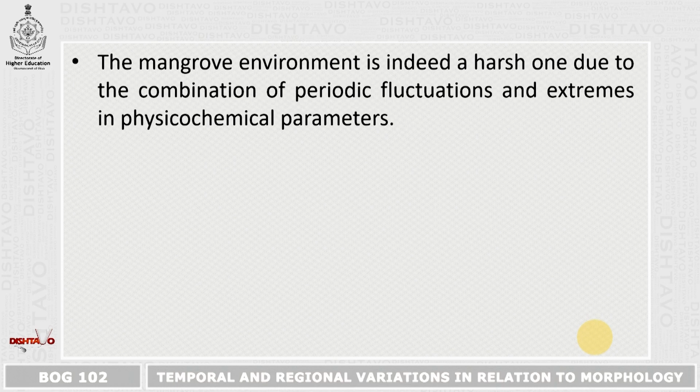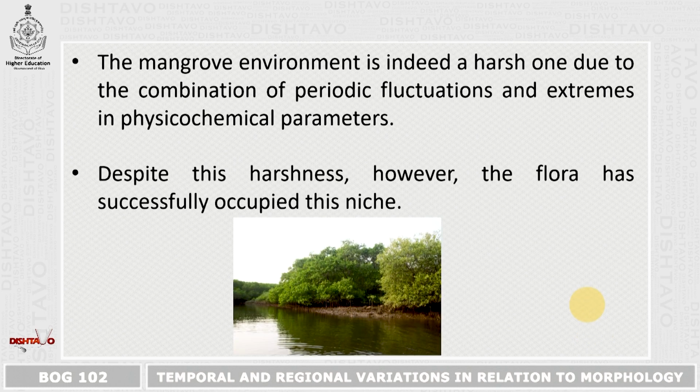The mangrove environment is indeed a harsh one due to the combination of periodic fluctuations and extremes in physicochemical conditions. Despite this harshness, however, the flora has successfully occupied this niche.